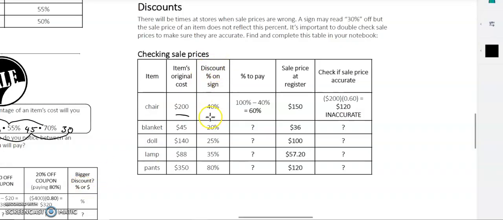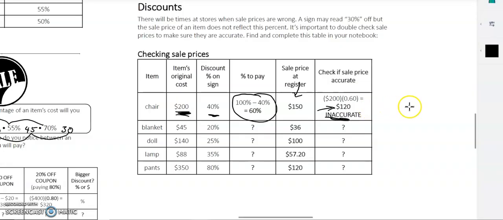The discount, they say, is 40%, leaving 60% for us to pay. 60% of $200, if you run that through your calculator, is actually $120. So if they're trying to charge this, it's inaccurate. They were wrong. They had a problem with the sign, a problem in their computers, something.